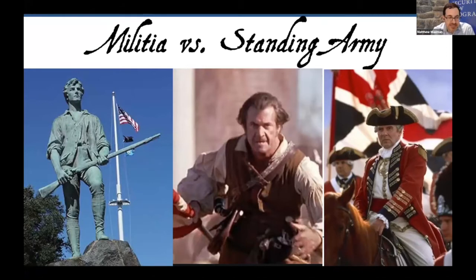So what kind of forces did the United States need to deal with these threats? A big debate running through the founding was whether defensive needs were better addressed by heavy reliance on individual state militias or by building standing national military forces, especially a national army, but also a national navy.